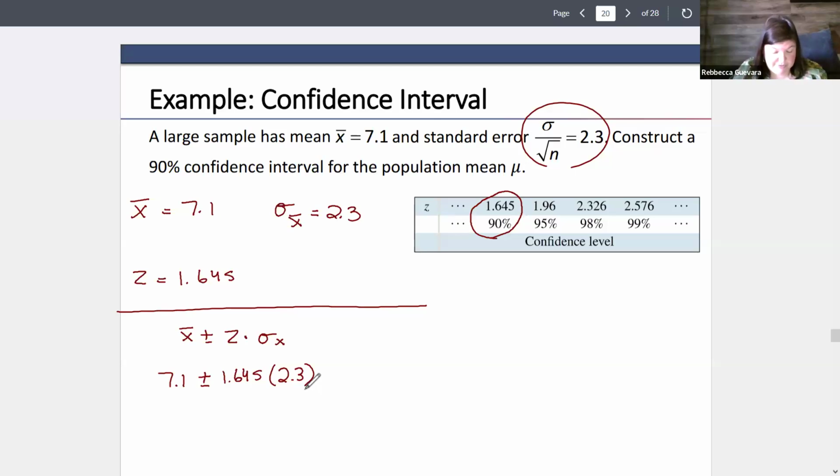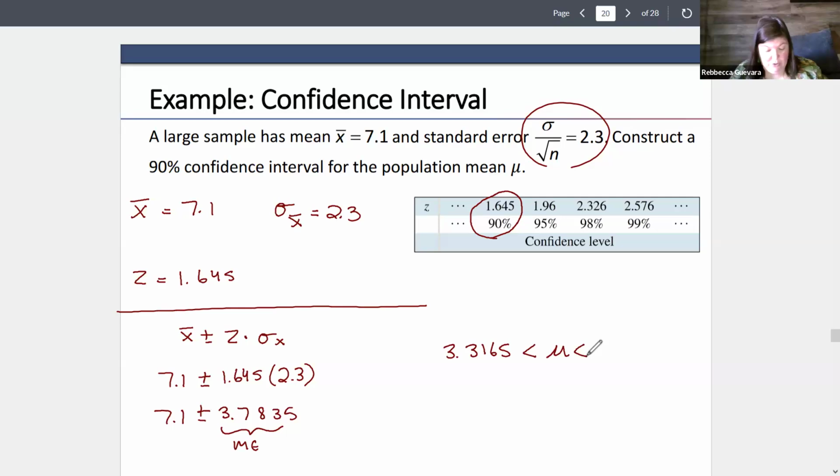So the margin of error is going to be 1.645 times the 2.3. And that is going to be 3.7835. So that, like I said, that's my margin of error. So then my confidence interval is going to be 7.1 minus 3.7835, which is going to be 3.3165.